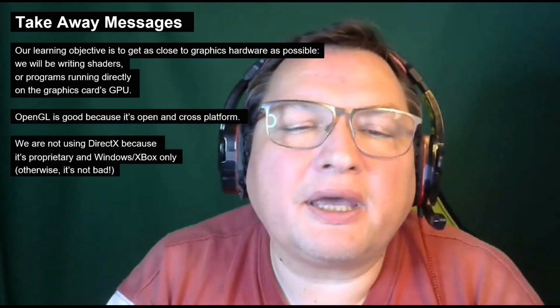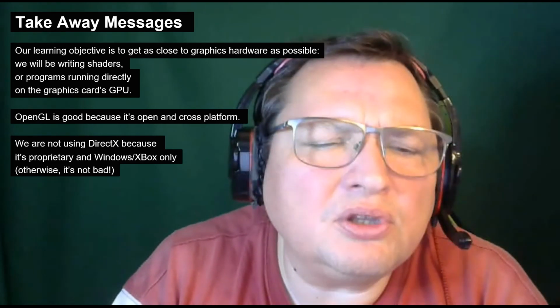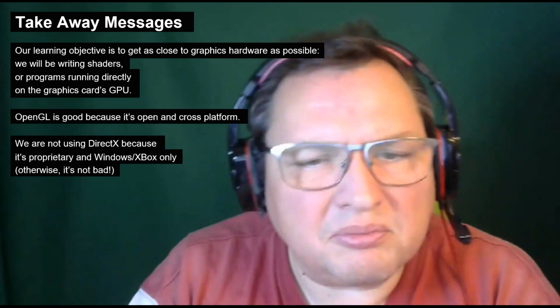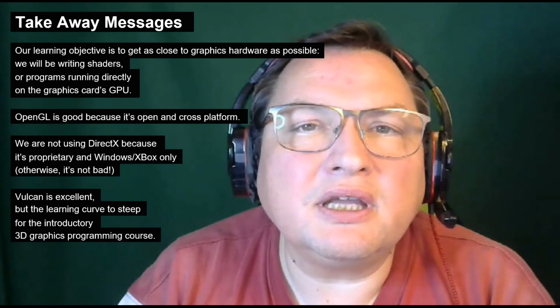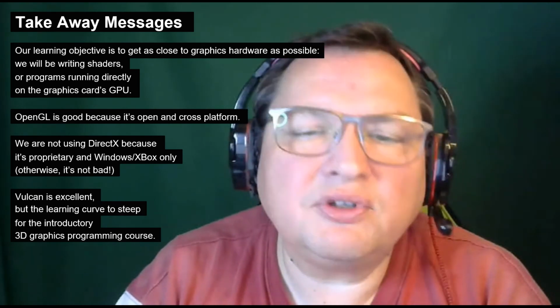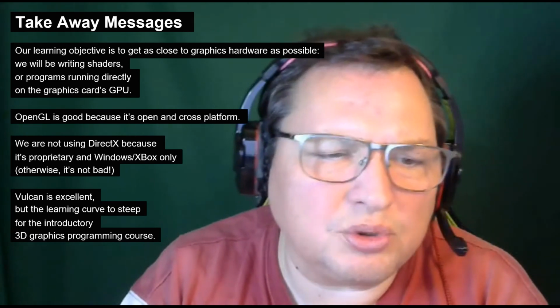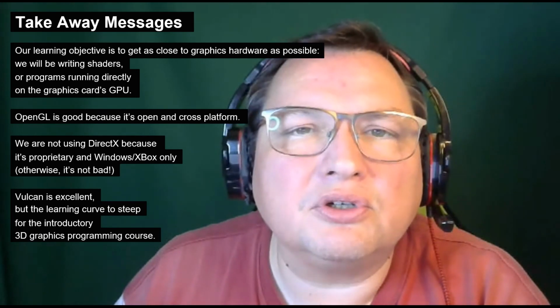We are not using DirectX because it's proprietary and Windows or Xbox only. Otherwise it's not bad, but remember, it's Microsoft. Vulkan is excellent, but the learning curve is so steep that it is not a very good idea to learn it in an introductory 3D graphics programming course.